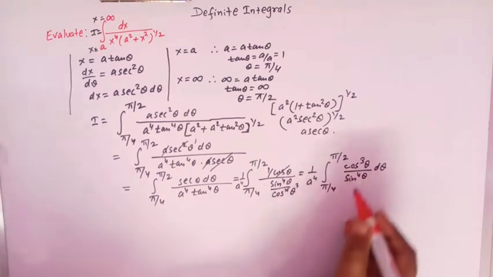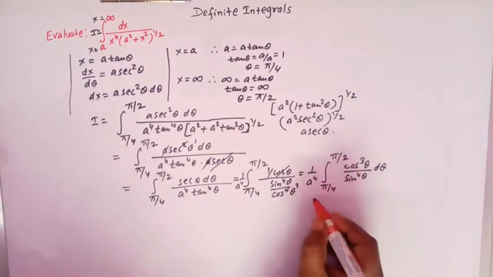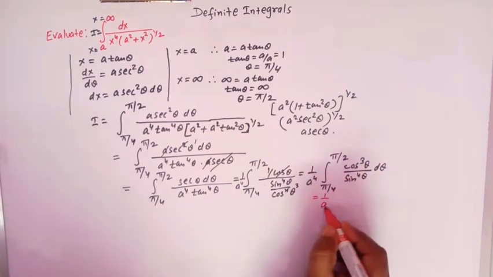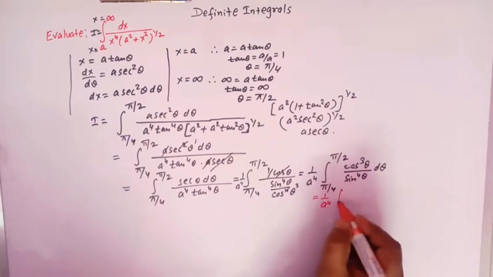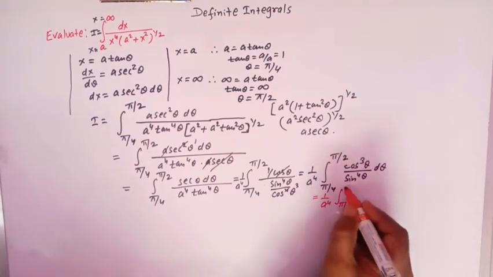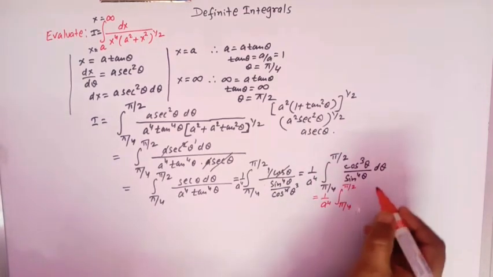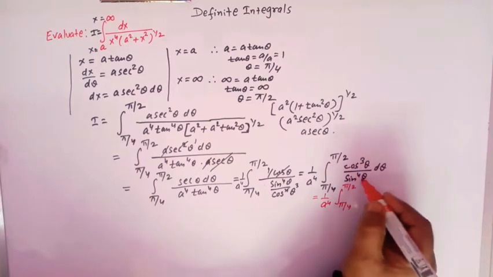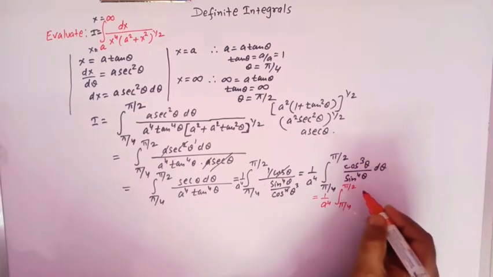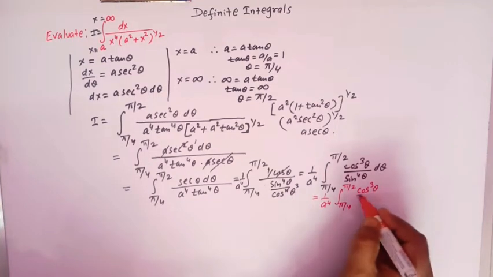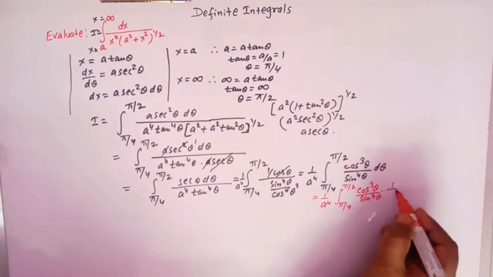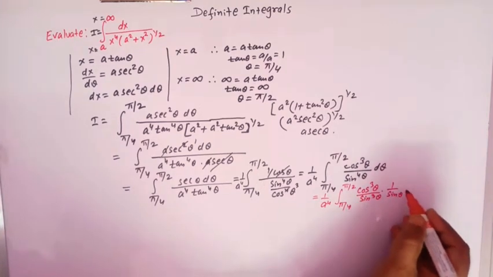So now we can again write it as 1 over a raised to 4 times the integral from pi by 4 to pi by 2, and here cos cube theta over sine 4 theta can be written as cos cube theta over sine cube theta times 1 over sine theta.